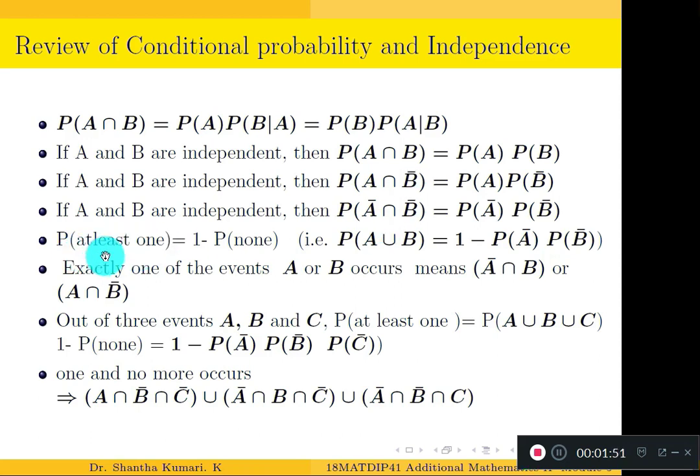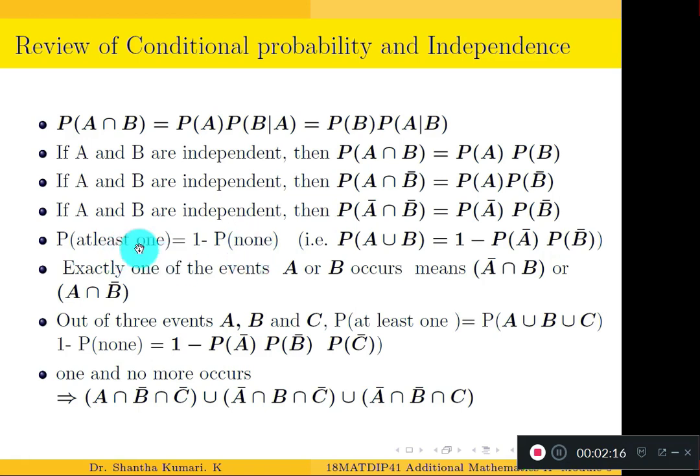And the notation for at least one. Sometimes the problem will be given in sentence form: what is the probability that at least one of them holds good? That means at least one of the events occurs. The notation is P of A union B in the case of two events. It is 1 minus the probability of none. The complementary event of at least one is none.